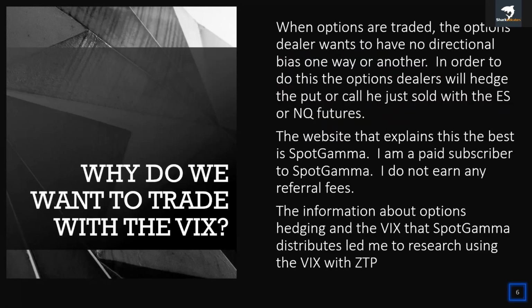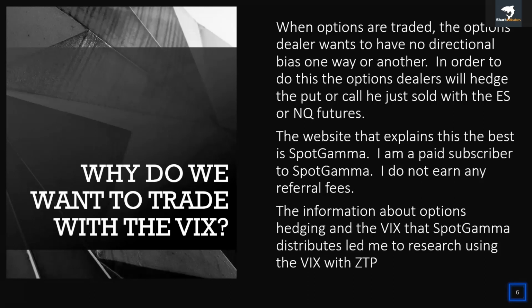So why is the VIX so important? Why do we want to trade with it? Well, the main reason, and what got me interested in it, was a website called Spot Gamma. If you had to summarize what Spot Gamma is about, it is about figuring out that when options are traded, the options dealers want to have no directional bias one way or another.